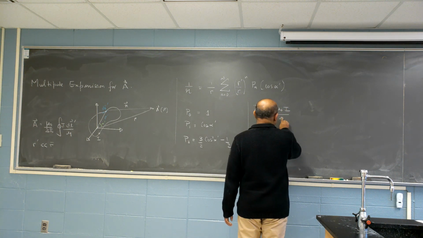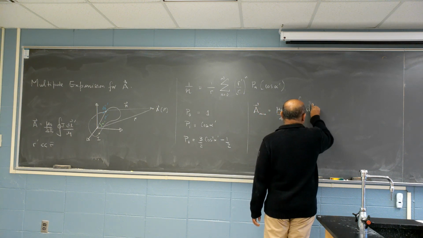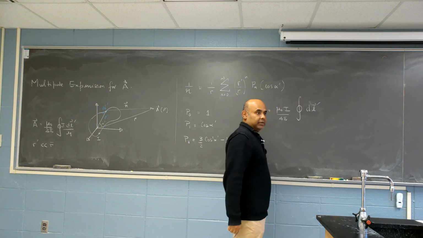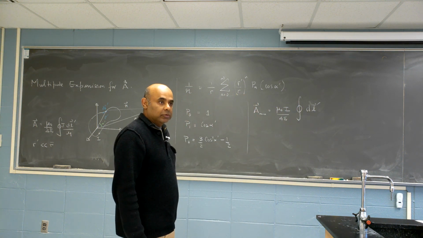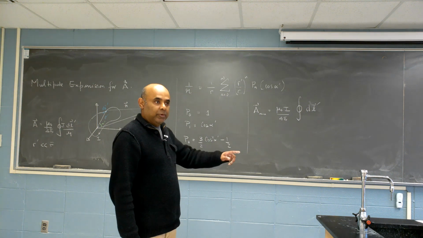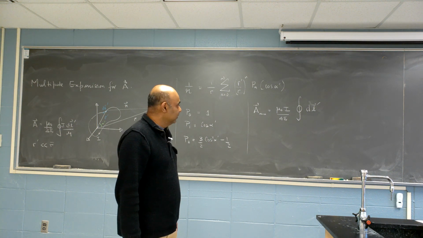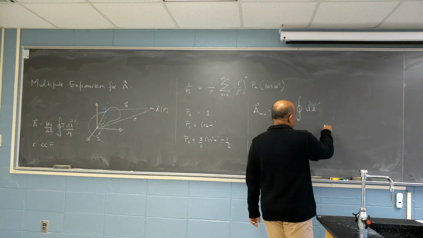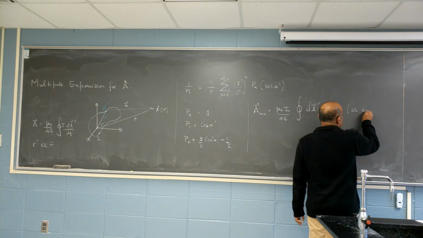Mu 0 over 4 pi. Lo and behold, what happens if you integrate this through a closed loop? The starting point and the ending point is the same point in a closed loop. As expected.